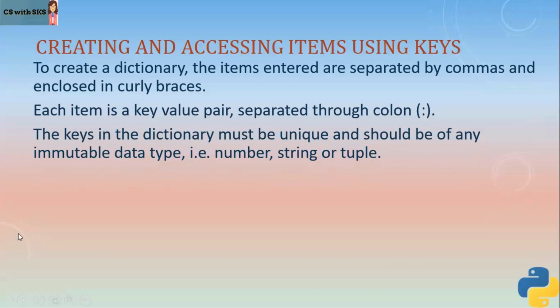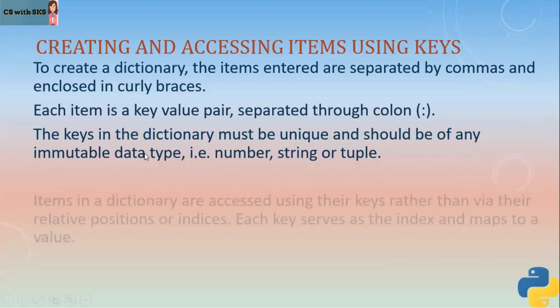Now the keys in the dictionary must be unique, very, very important, and should be of any immutable data type. That is, it can be a number, it can be a string, or a tuple. It should be of immutable data type. Keys are immutable, okay, but the values are mutable.